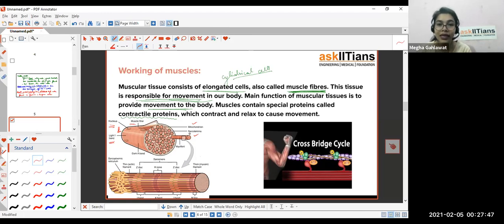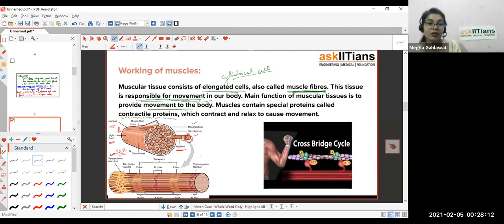And one single unit is called the myofibril. One single unit is called what? Myofibril. Now, what will happen if we take out and enlarge this one single unit? We'll see there is sarcoplasmic reticulum. Sarcoplasmic reticulum is nothing but the smooth endoplasmic reticulum, which you must have learnt about in the previous chapter.